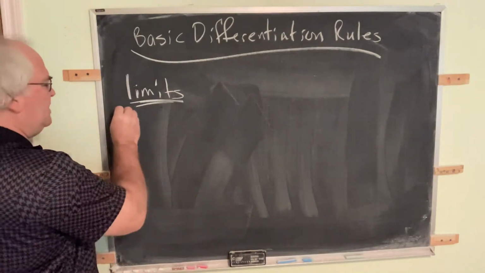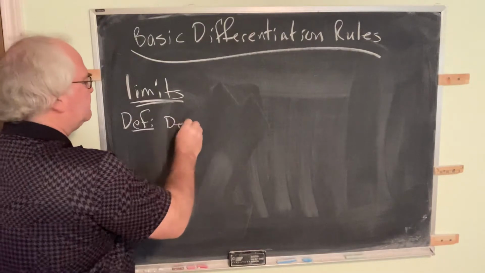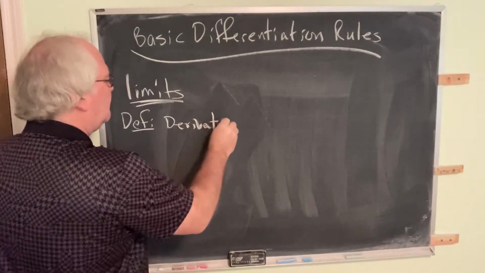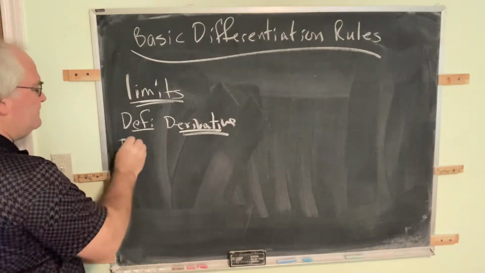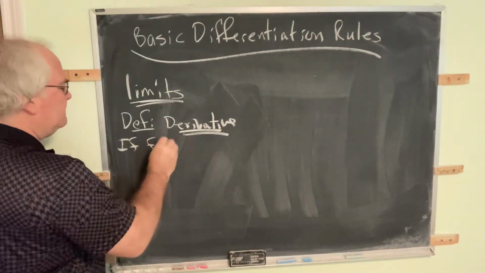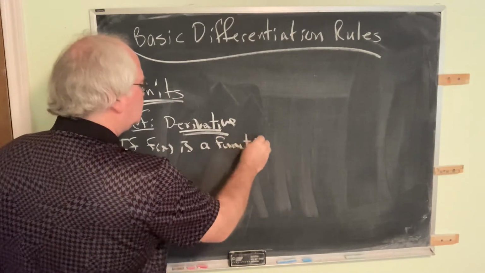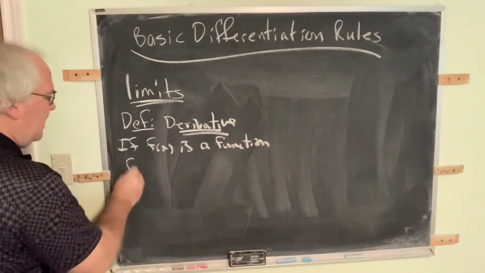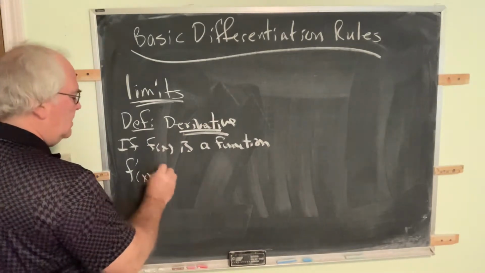And then we also have the definition of the derivative. All right, the definition of the derivative. So if f of x is a function, then f prime of x is the derivative.